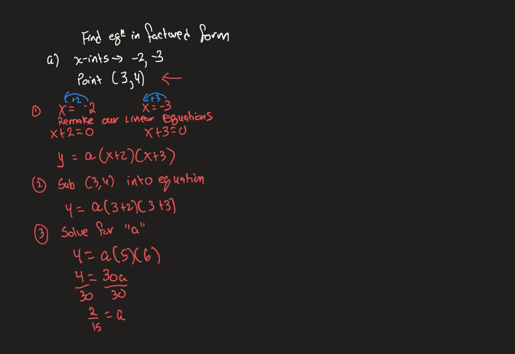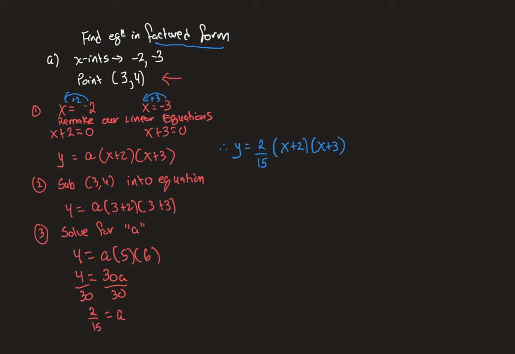I'm not done yet, because the question asked me to find the equation in factored form. So therefore, my equation is going to be y is equal to, my a value I now know is 2 over 15, x plus 2, and x plus 3. All right. And that would be my factored form, getting it from x-intercepts and a point.